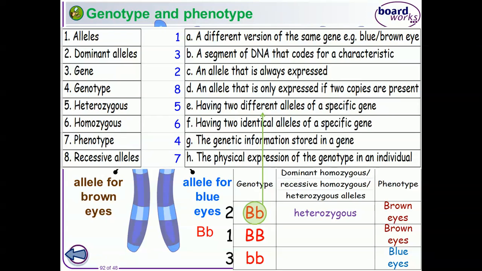And the next person is capital B capital B. Those alleles are the same, so we could say that this person is homozygous. And then person 3 has got lowercase b lowercase b. Again, the two alleles are the same. Even though the alleles are different to person 1, because the two alleles are the same, they are also homozygous.